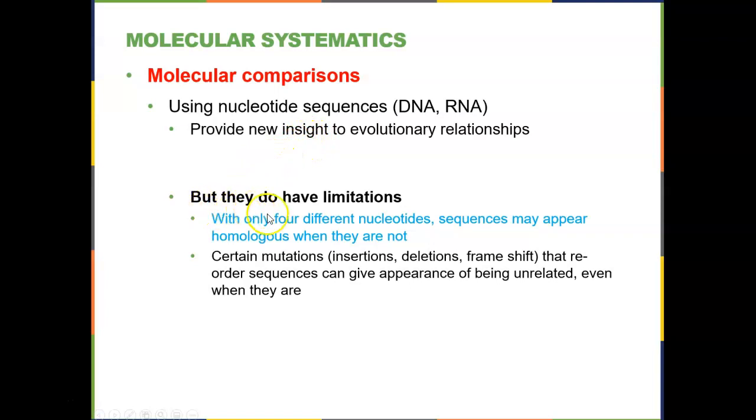Now, keep in mind that there are still some limitations. There's only those 4 different nucleotides in DNA, A, T, G, C, and sequences might look the same when in fact they aren't.